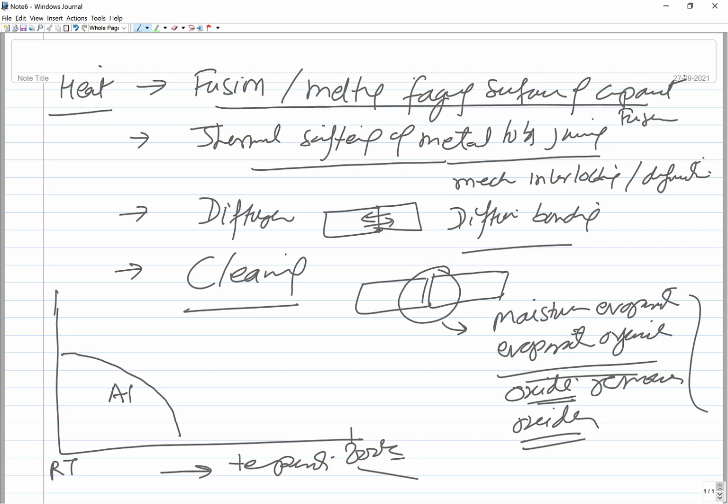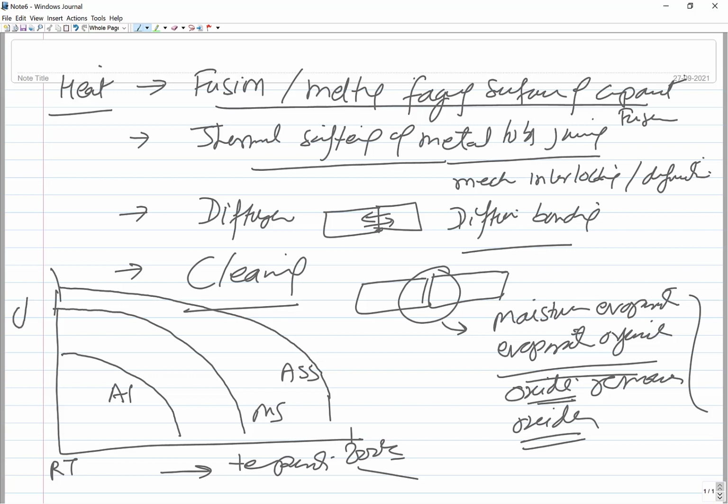Steel is a little stronger, but it also softens like this, mild steel. And if you take austenitic stainless steel, it may sustain its strength a little for higher temperatures.